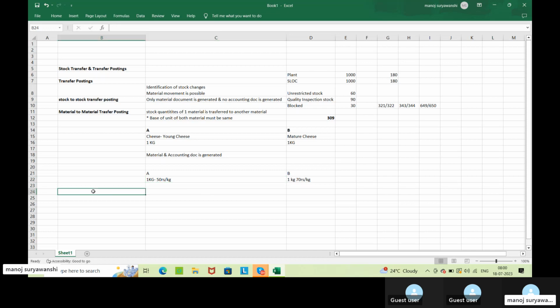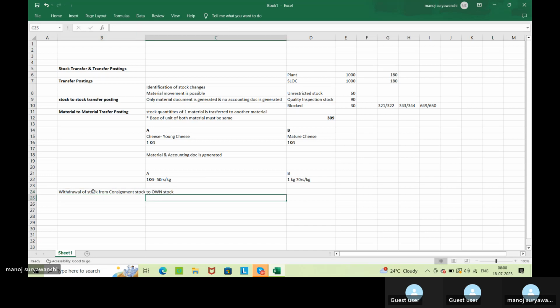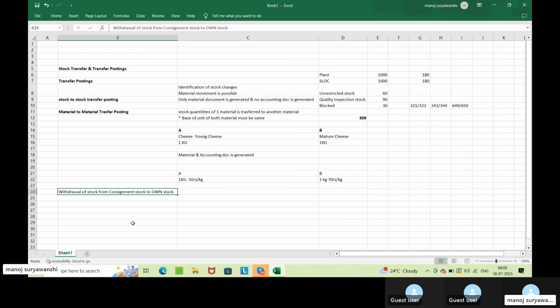Now the third type of transfer posting that we use is withdrawal of stock from consignment stock to own stock. Withdrawal of stock quantities from consignment stock to own stock.